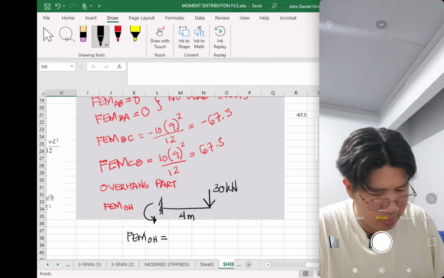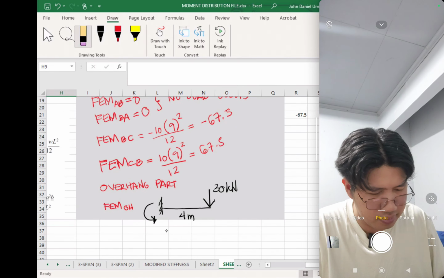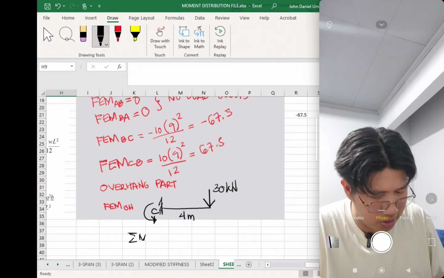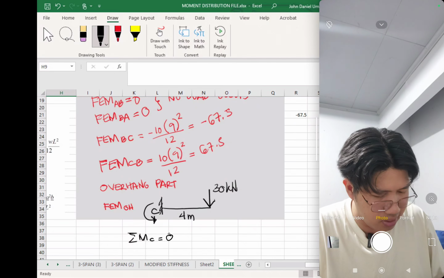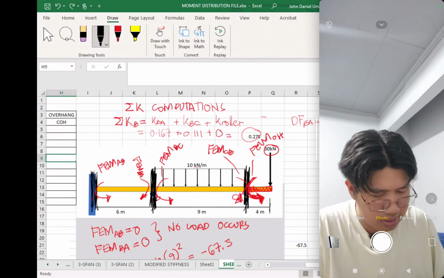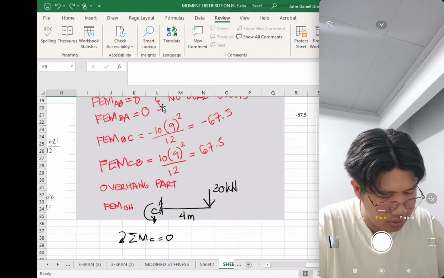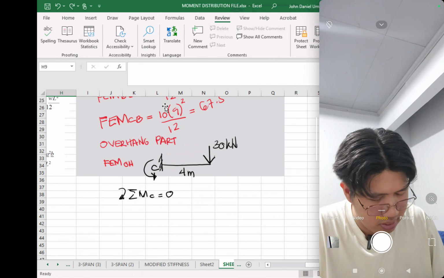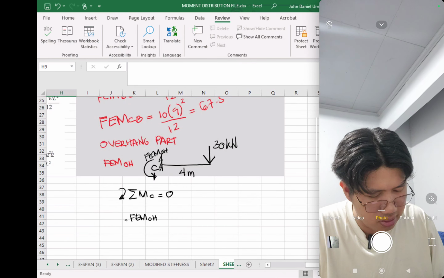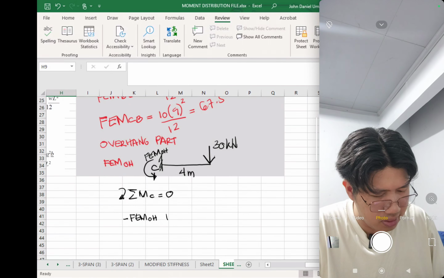Summation of moments at C equals 0 for this diagram only. Okay, this is the FEM overhang, which is acting counterclockwise, so that is negative.